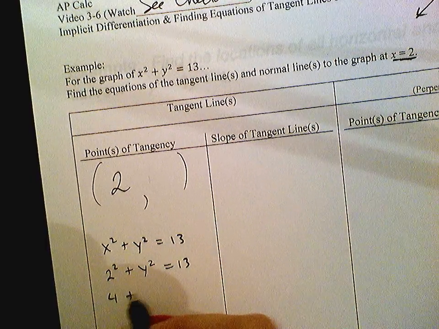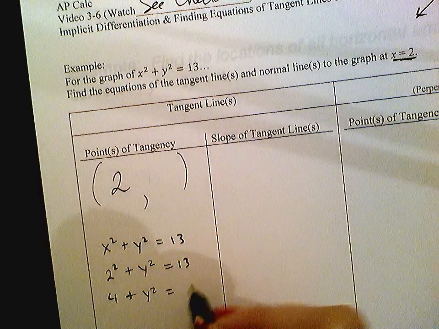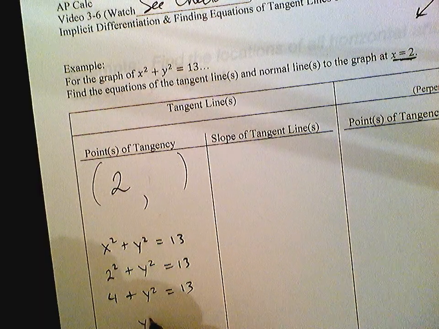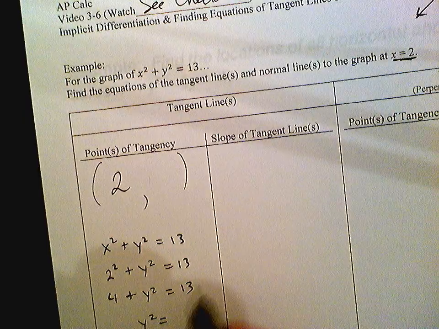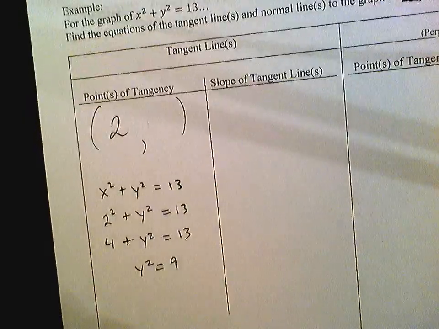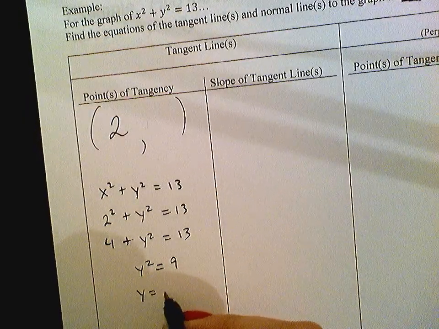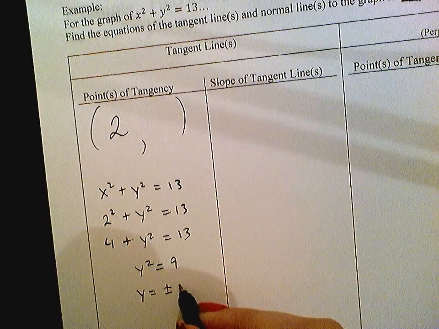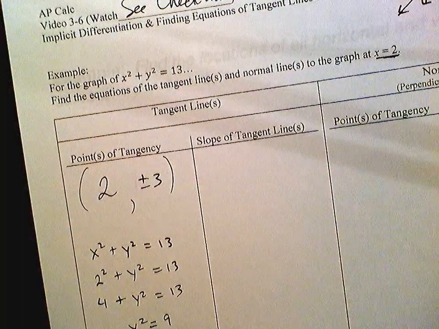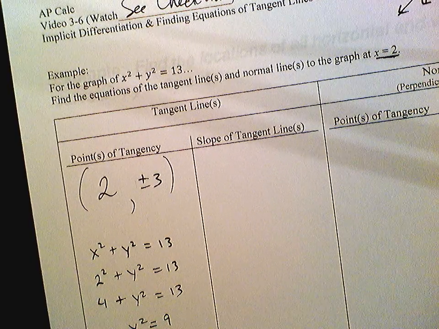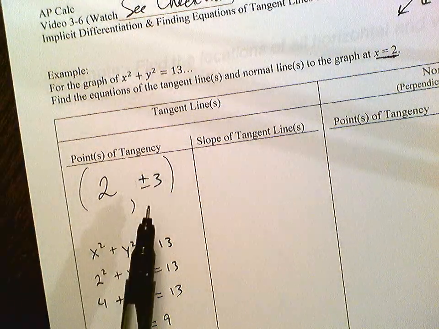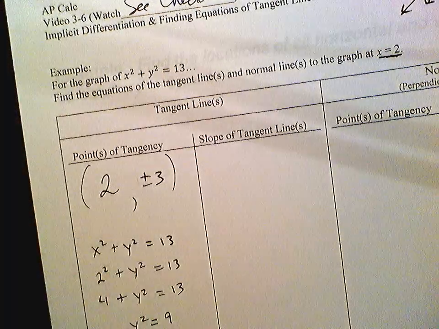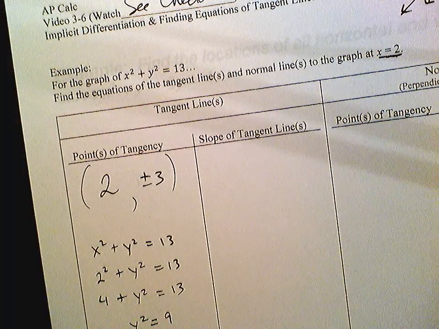So this is 4 plus y squared equals 13. So this is y squared equals 9. And then this is y equals plus or minus radical 9, which is 3. So we actually are going to have 2 points of tangency. We're going to have 2 comma positive 3 and 2 comma negative 3. So 2 points of tangency there.